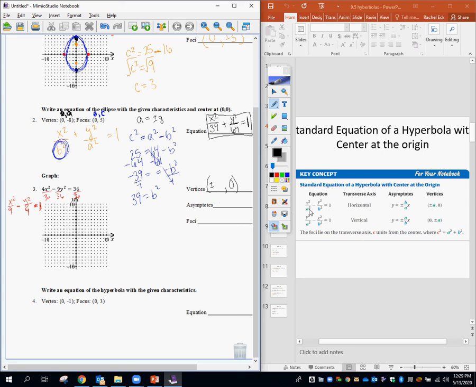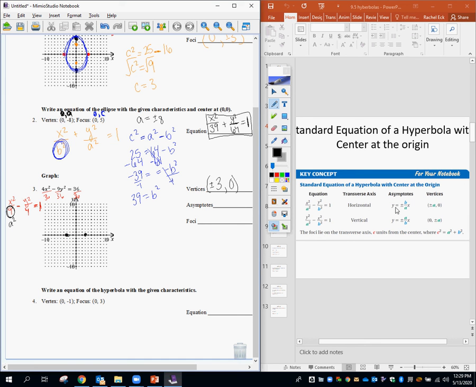Notice that the a is going to be underneath the x squared, and it's represented by a squared. So 9 is a squared, meaning that a would be 3 if I square rooted 9. So our vertices are at positive and negative 3, comma 0. So that's 3 on the x, 0 on the y. I'm not moving up or down any. And again, make sure you're plotting those points correctly.